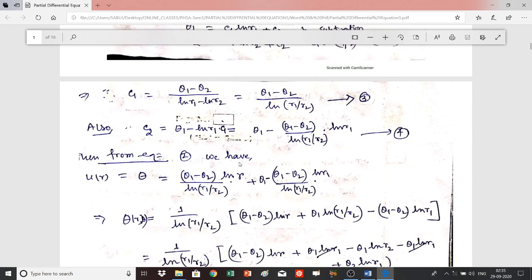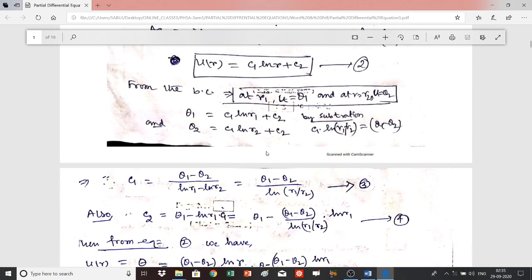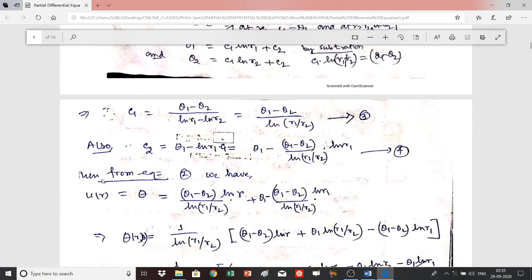Then from equation number 2, the complete solution U of R, or you can write it as theta, is C1 log R plus C2. That gives theta equal to theta 1 minus theta 2 by log R1 by R2 into log R, plus the value of C2, theta 1 minus theta 1 minus theta 2 into log R1 by log R1 by R2.